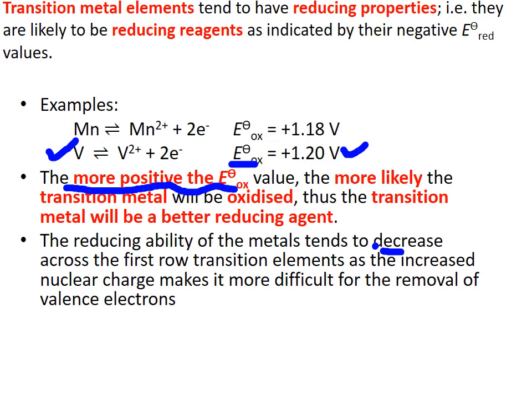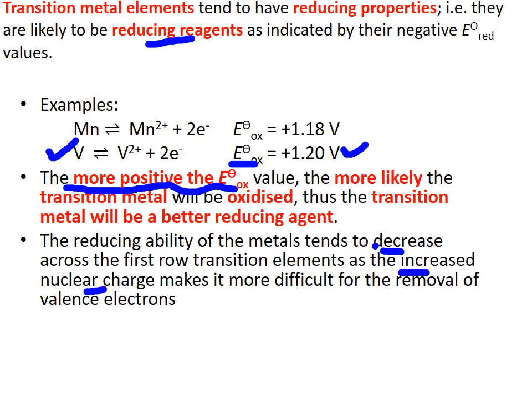The reason is simply because if I want it to be a good reducing agent, the transition metal must be easily oxidized, correct? And to be easily oxidized, it must lose electrons. In order for the metal to be oxidized, it must lose electrons. And it is actually getting harder and harder to lose electrons as we go across the first row because of increasing nuclear charge.